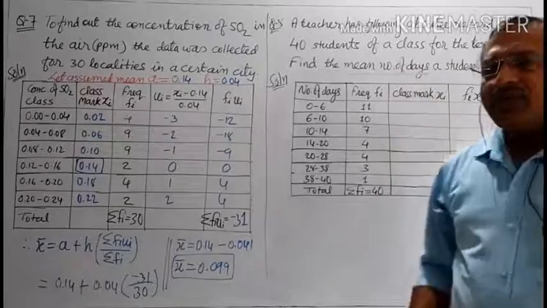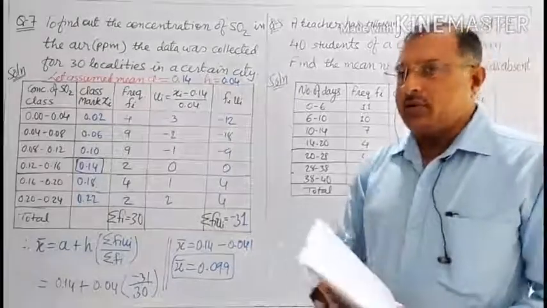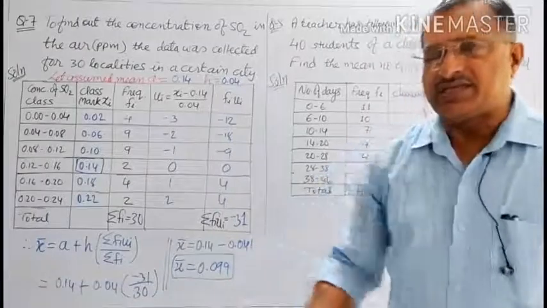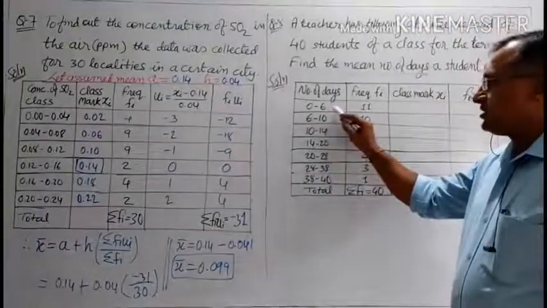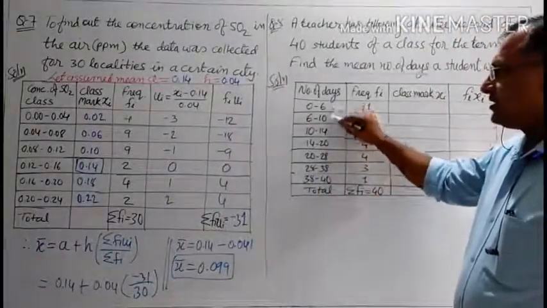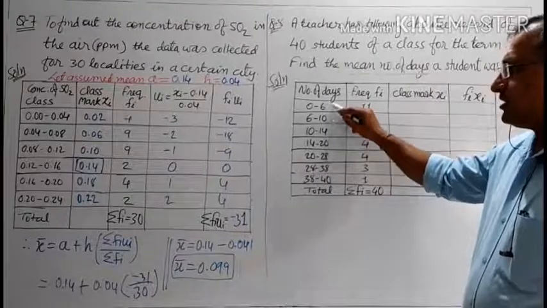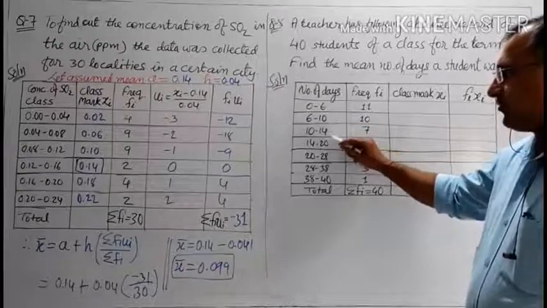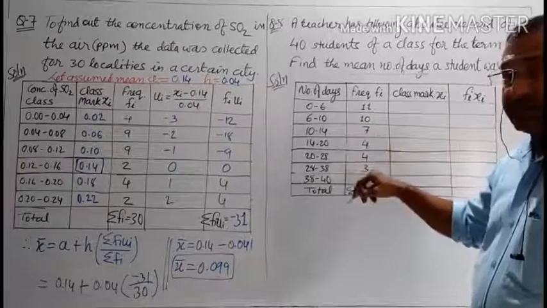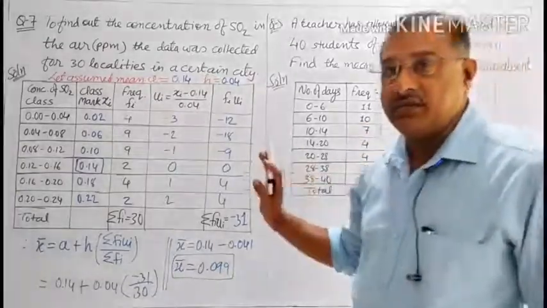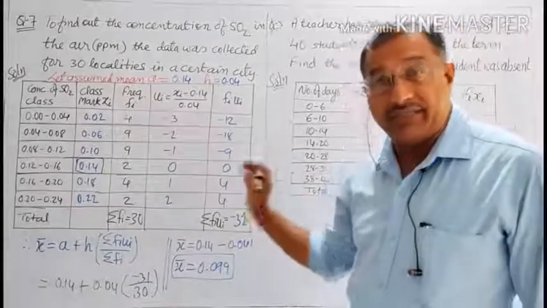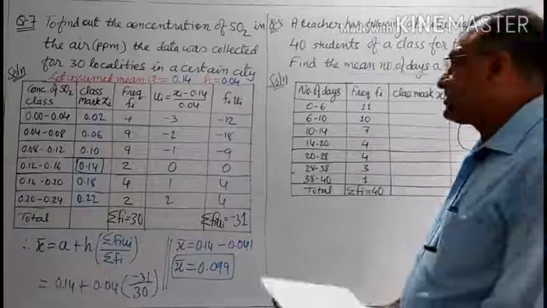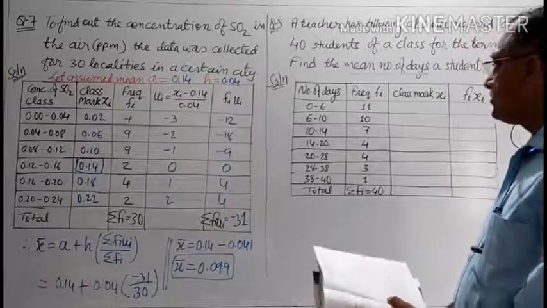First of all, we look at the class width. You can see 0 to 6, then 6 and 10, the difference is 4. Here 10 and 14, the difference is 4. Here 14 and 20, the difference is 6. It means the class width is not the same. So it is better to go for the direct method. This type of question can be solved easily by the direct method.